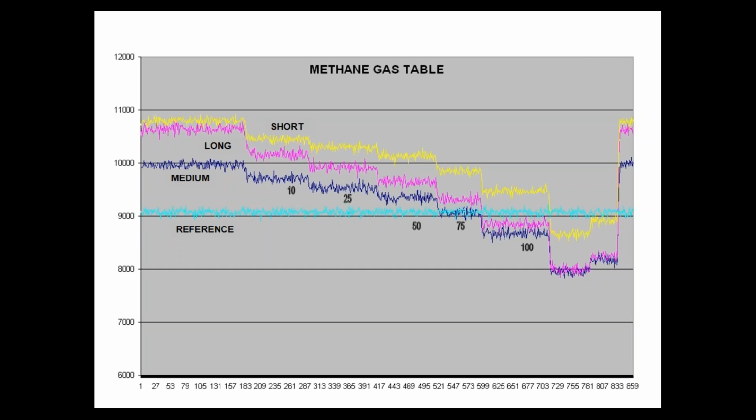All our competition uses 1 or 2 channels, and they can only see 1 gas at a time, or 1 gas in an application. So if a customer comes to them and says, I have methane, propane, and butane tanks, and I'd like to monitor it, they're typically going to say you either need 3 IRs, or you can't do it with an IR, you need a catalytic.